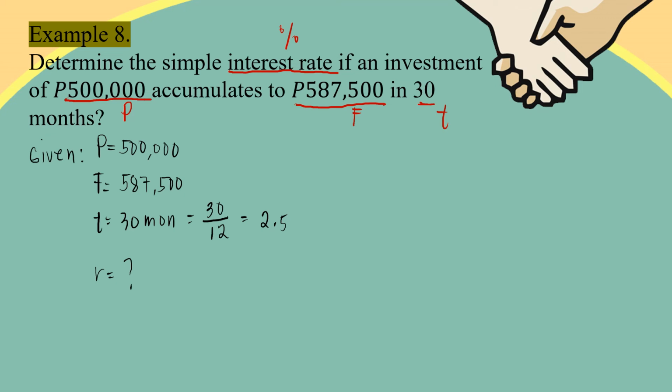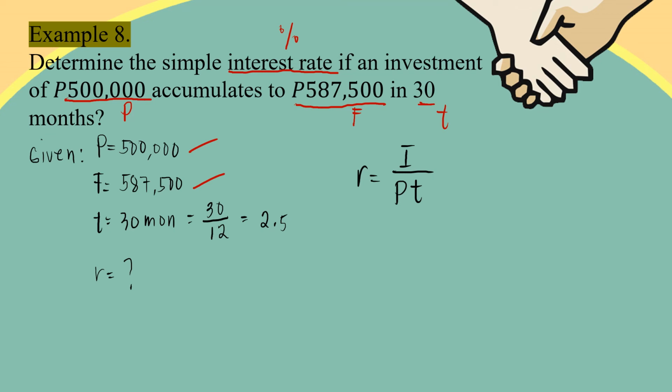Diba? Ang rate natin ay interest divided by principal times time. Eh, hindi naman given yung interest. So, anong gagawin? Ipagmaminus natin yung principal tsaka itong future value. Diba?